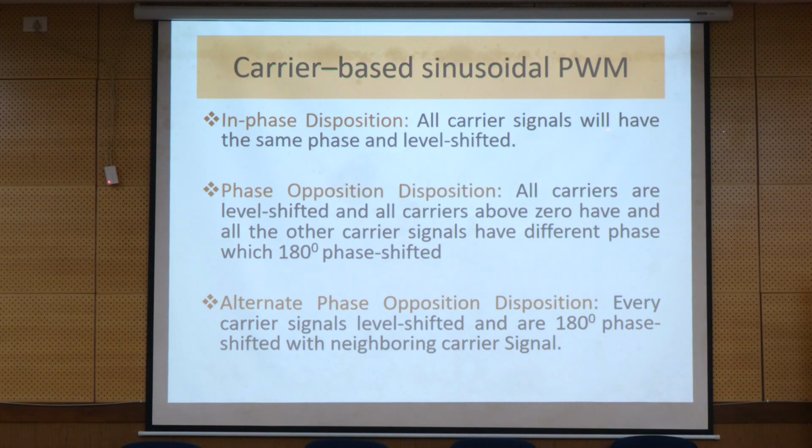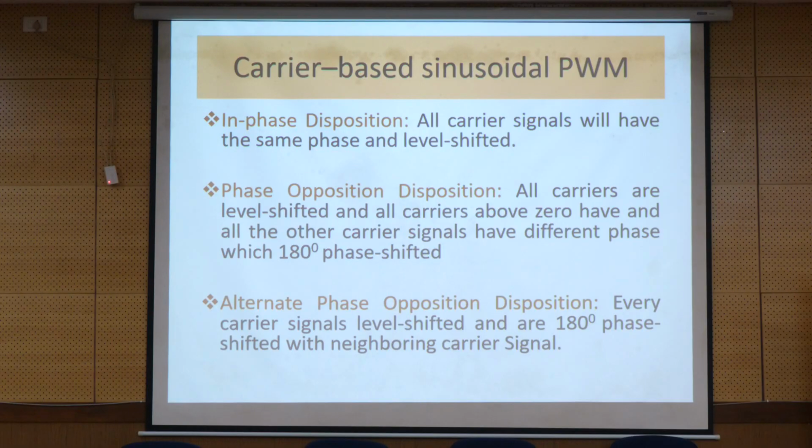In phase disposition, all carrier signals have the same phase and are level shifted. In phase opposition disposition, all carriers are level shifted, the carriers above 0 are in one phase and all the other carrier signals have a different phase, with a 180 degrees phase shift.